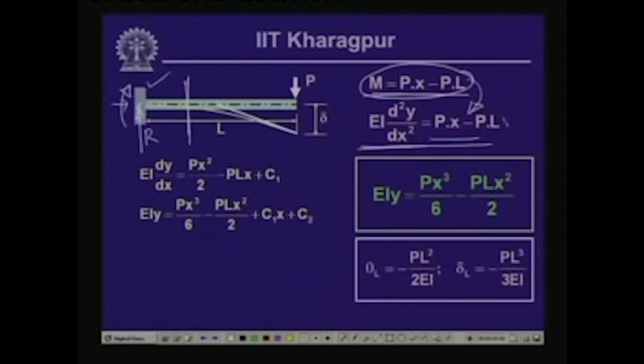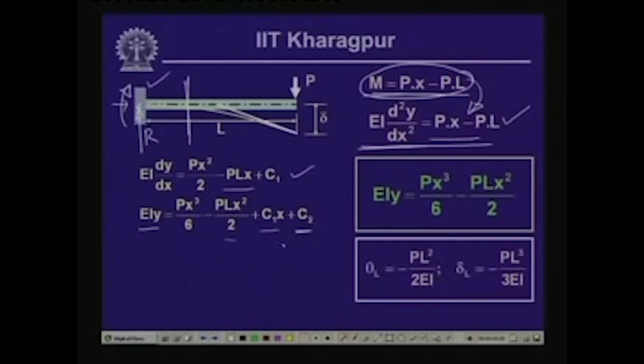Now, if we integrate this, we get EI dy/dx equals Px squared by 2 minus PLx plus C1, and if we integrate once again, we get EIy equals Px cubed by 6 minus PLx squared by 2 plus C1x plus C2.